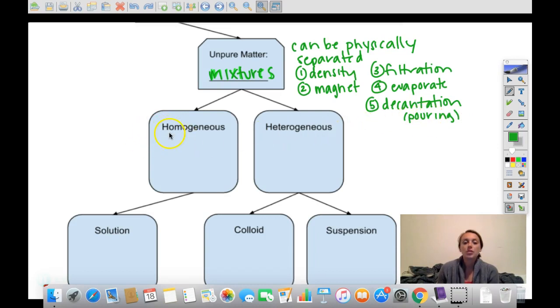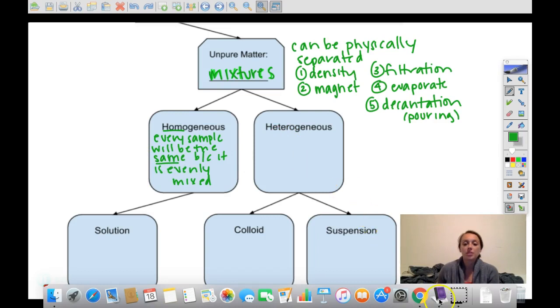So there are two types of mixtures, homogeneous and heterogeneous. A homogeneous mixture is when every sample will be the same, because it is evenly mixed. And an easy way to remember is that homo means same.